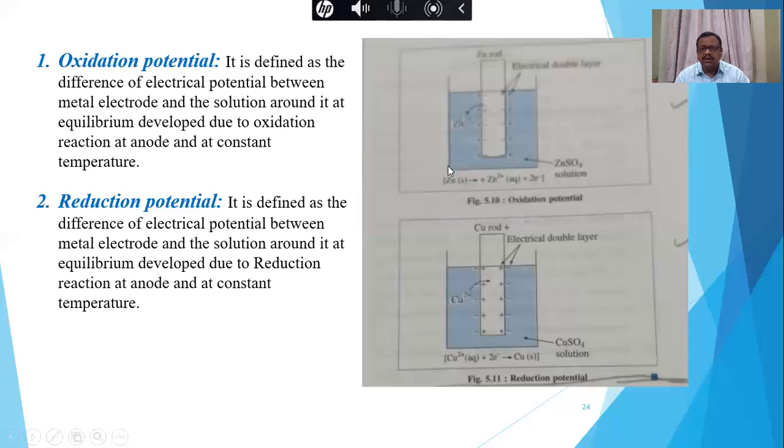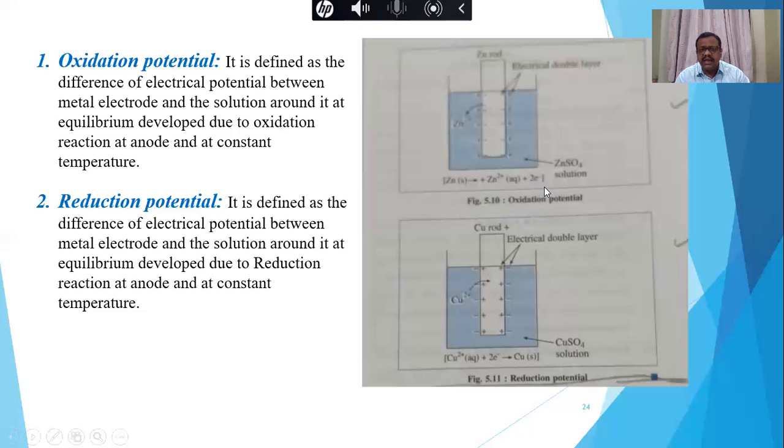So let us look at the diagram. We have a beaker. In that beaker, we have zinc sulfate solution. We have a zinc rod dipped in the zinc sulfate solution. A reaction occurs, that is zinc dissociates and gives Zn2+ ions and releases electrons.